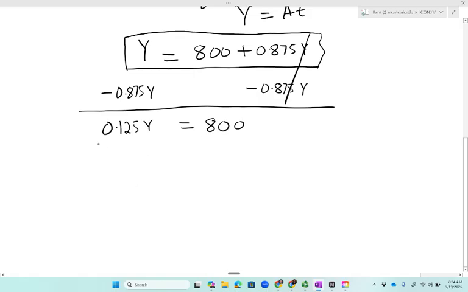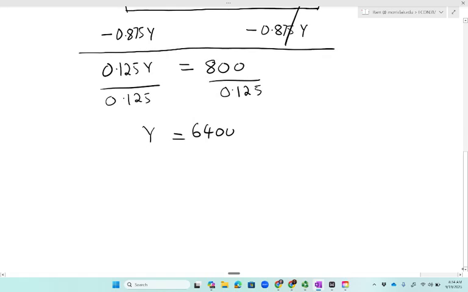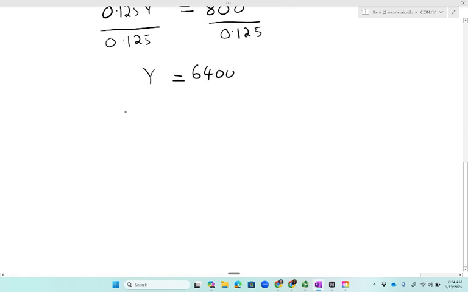Given this, I can find the value of y by dividing both sides by 0.125. That gives me y equal to 800 over 0.125, which simplifies to 6,400. That's the national GDP.